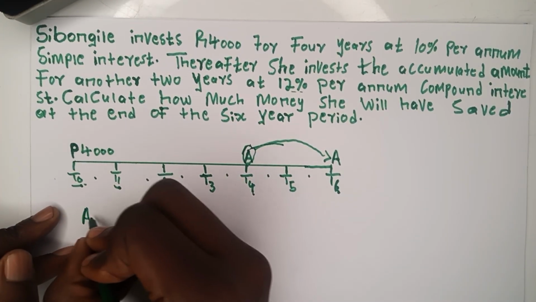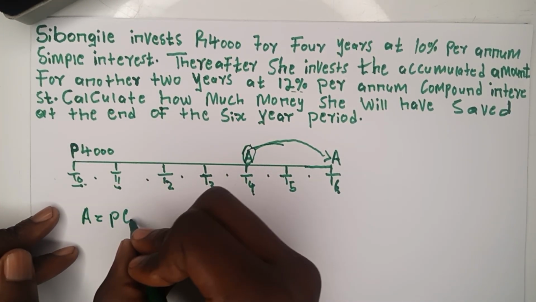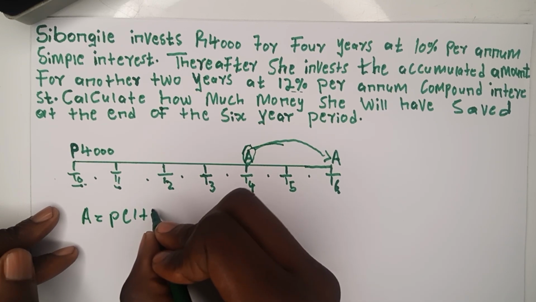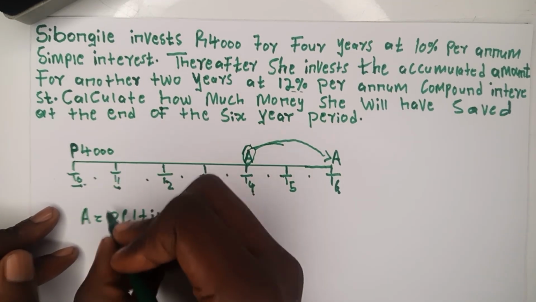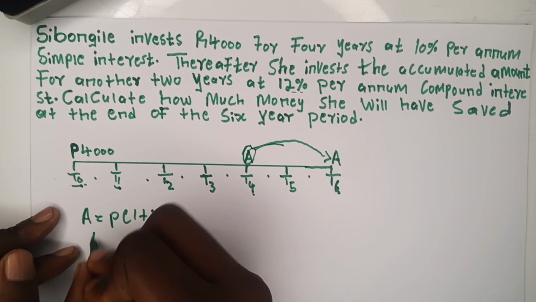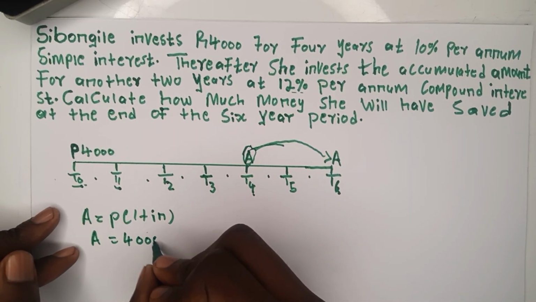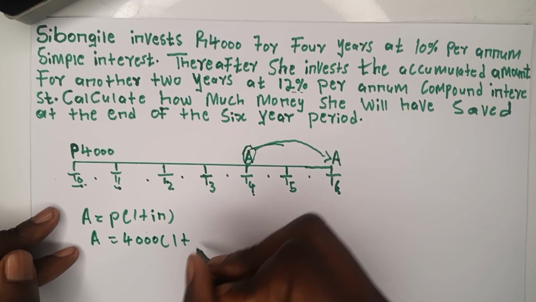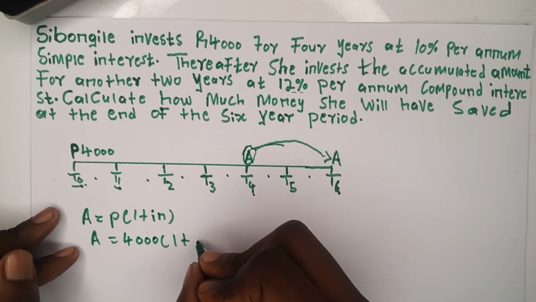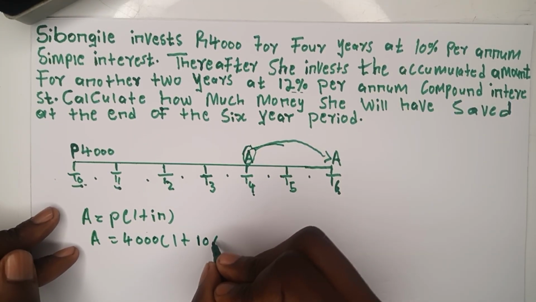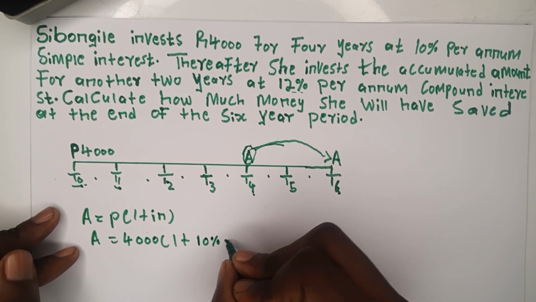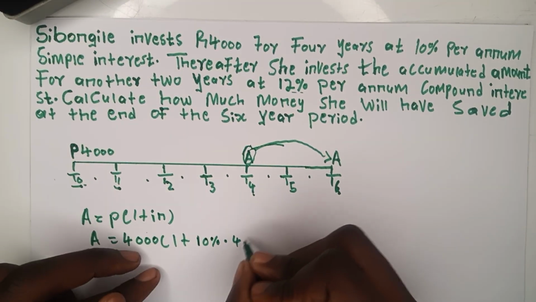Where A is equal to P(1 + i × n). So the accumulated amount A is going to be 4,000(1 + 10% multiplied by the number of years, which is actually 4 years).